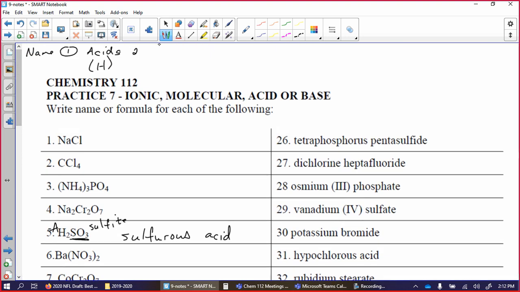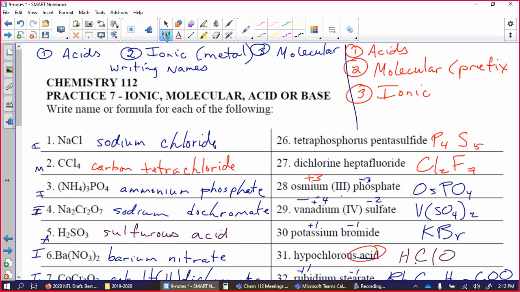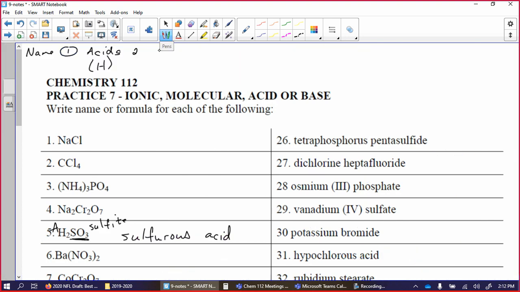Let's see, what did I put down the last time? Ionic. Oh, okay. Ionic, so look for A group and transition metals. Let's change the color for fun.